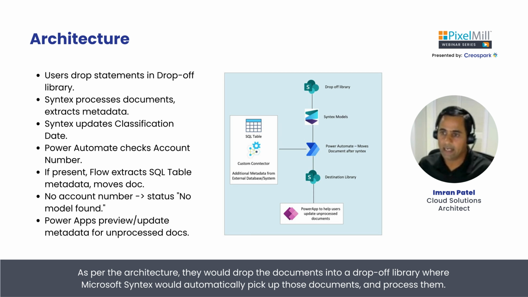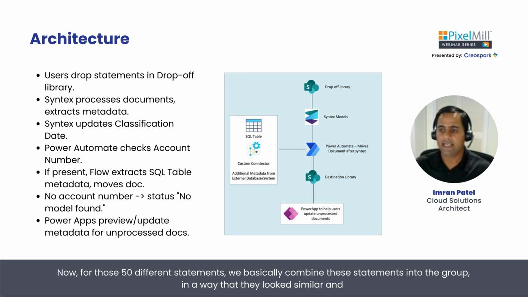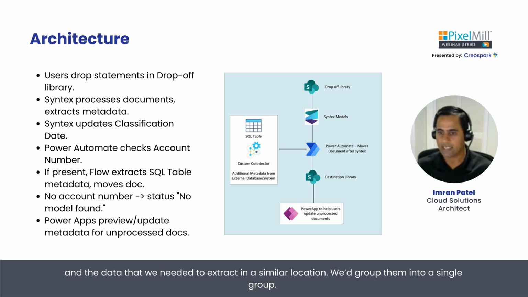So basically, as per the architecture, they would drop the documents into a drop-off library. Microsoft Syntex will automatically pick up those documents and process them. For those 50 different statements, we combined them into groups in a way that they look similar and the data we need to extract is in a similar location.